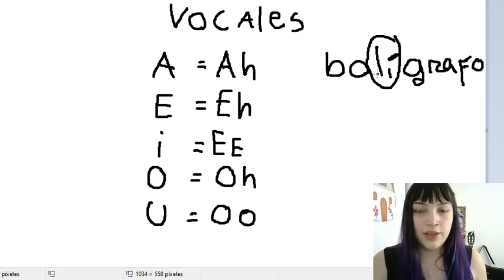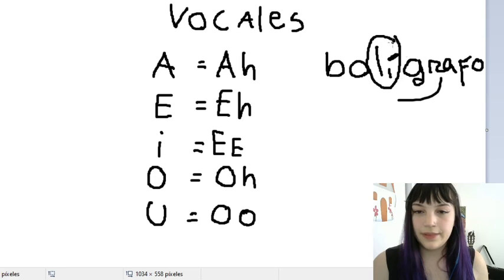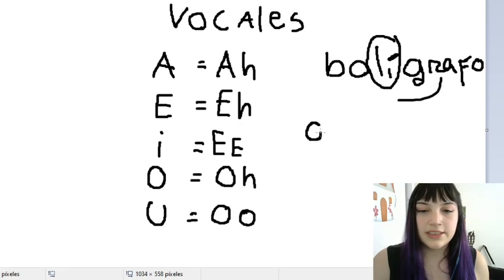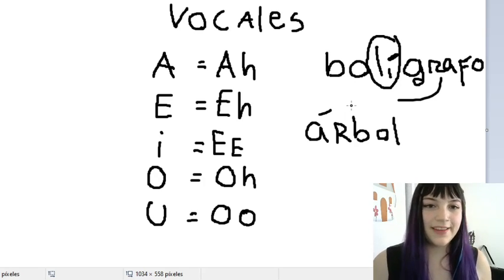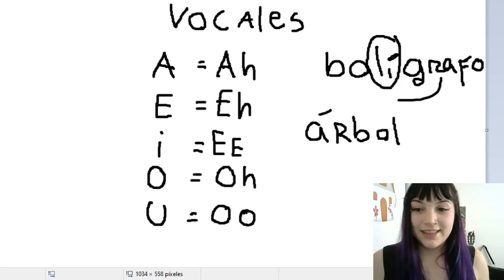Sometimes you are going to see it, and I just recommend that when you see that stress mark, you just stress that part. You just say bolígrafo. That's what it means actually. Another example, we have árbol. Just say árbol. Just stress it there, and that's it.